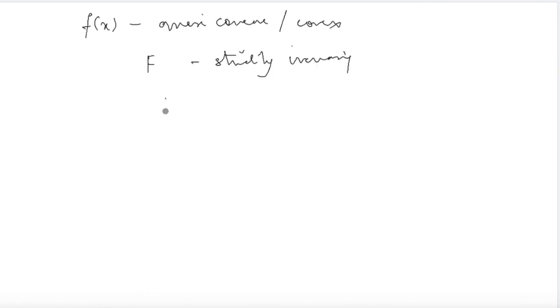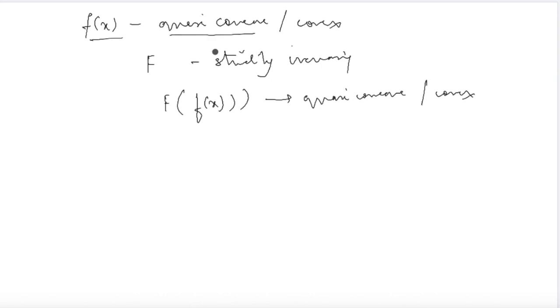But if you have f of x as a quasi-concave or a quasi-convex function and you take a monotonic transformation of it, let's say capital F is another function जो कि एक strictly increasing function है, then capital F of small f of x will be quasi-concave or quasi-convex. अगर एक function small f of x जो कि quasi-concave है, आप अगर उसका एक strictly increasing monotonic transformation लेते हो, then the resultant will be quasi-concave.